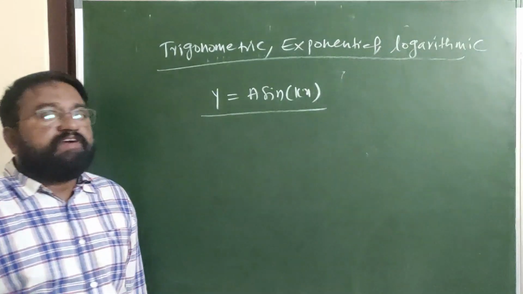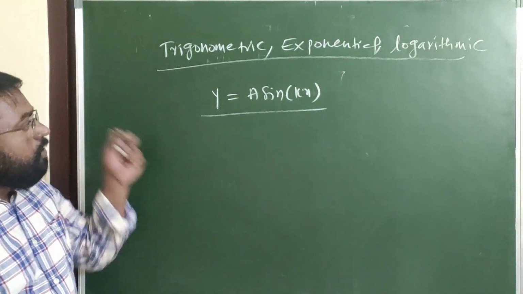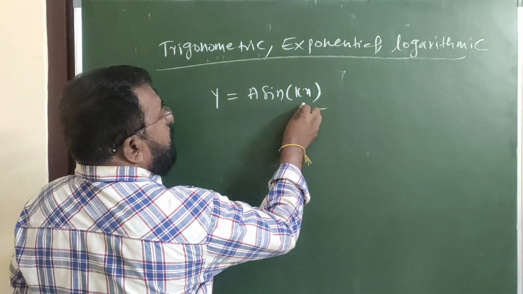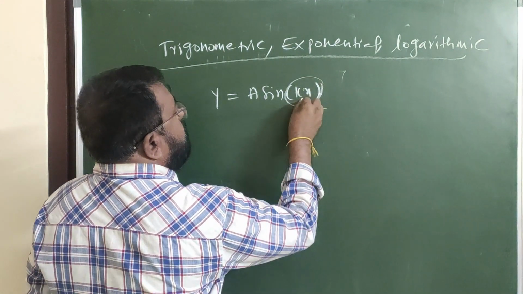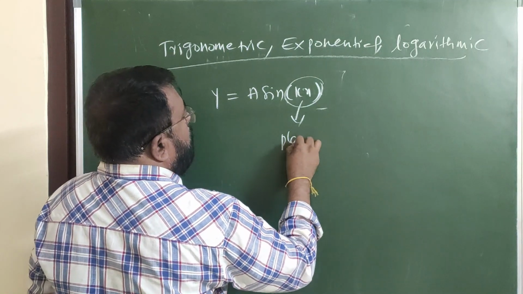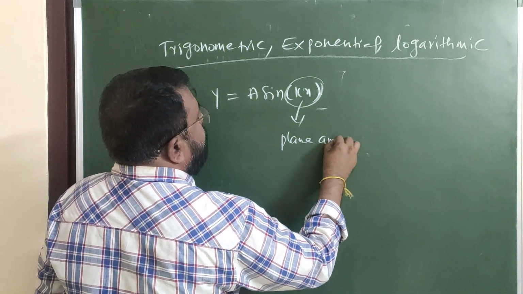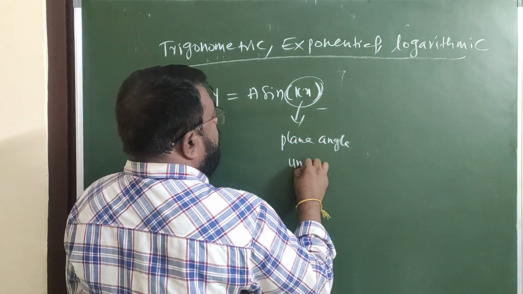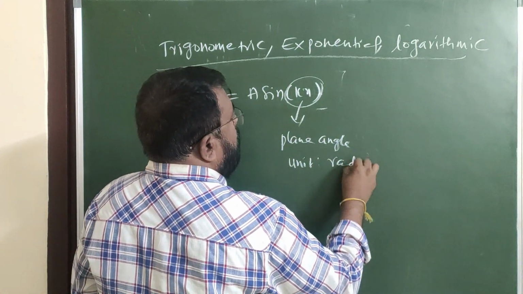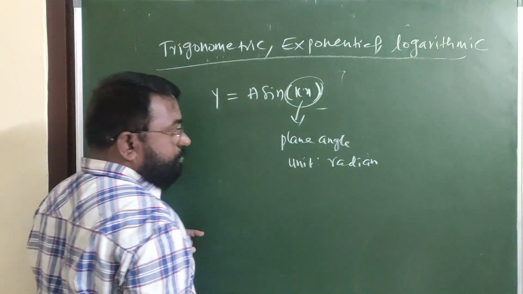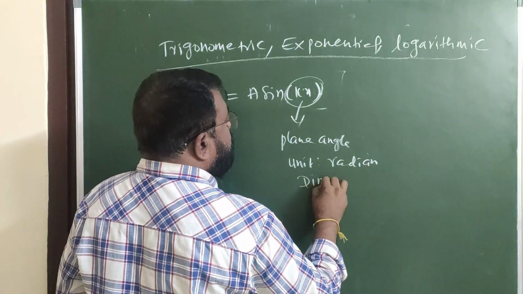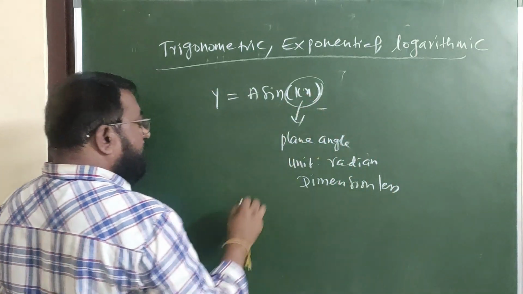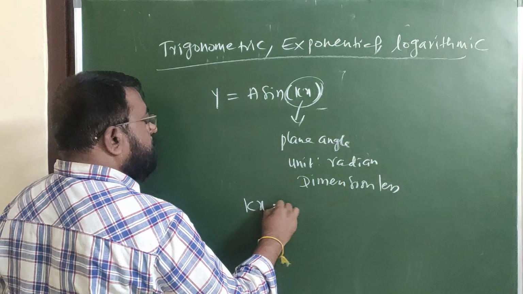This is the trigonometric function, like sine theta. Here kx is nothing but a plane angle, and its unit is radian, and it is dimensionless. Therefore, kx is dimensionless, meaning it is just a number.